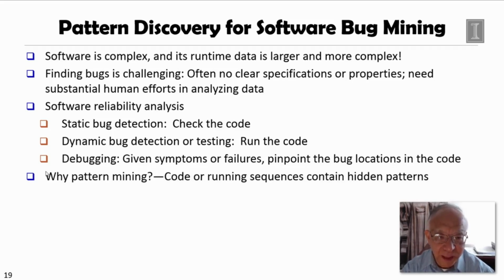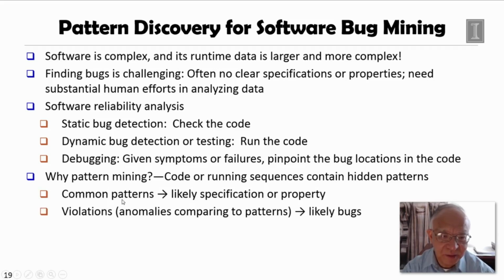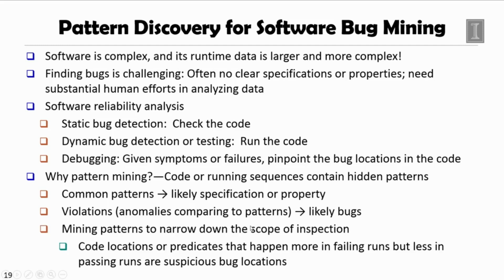If we can do good pattern mining, because the code or running sequence may contain some hidden patterns, we will be able to find some common patterns and some anomalies. Usually the common patterns likely are specifications or properties, but the violations or anomalies compared to the common patterns likely are bugs. So if we mine the patterns, it may narrow down the scope of inspection.